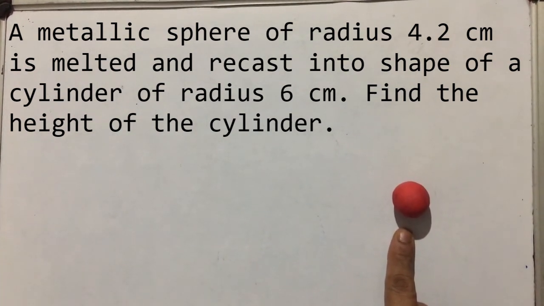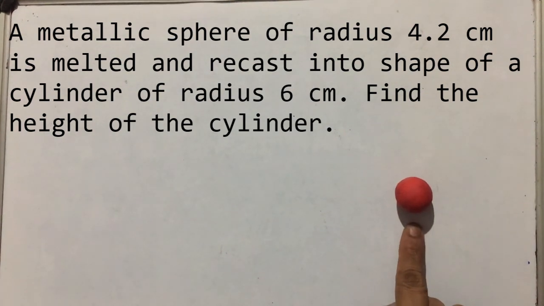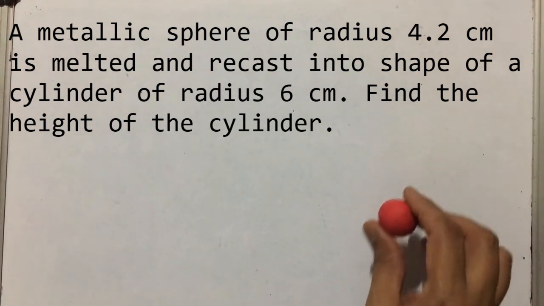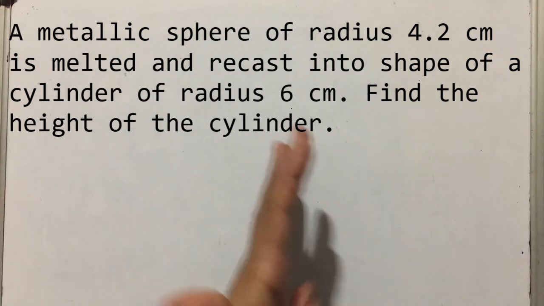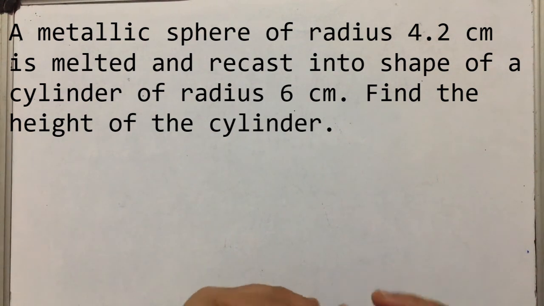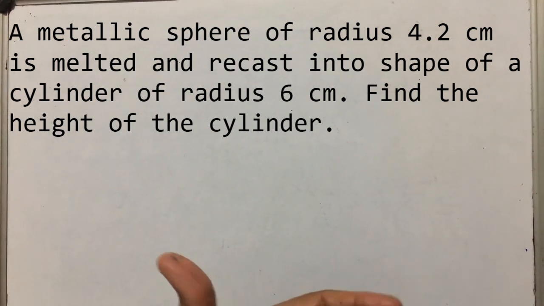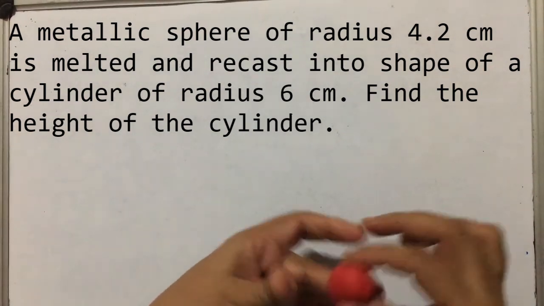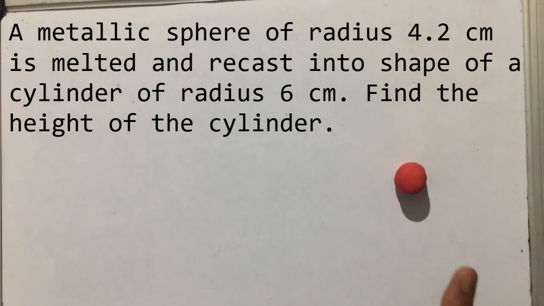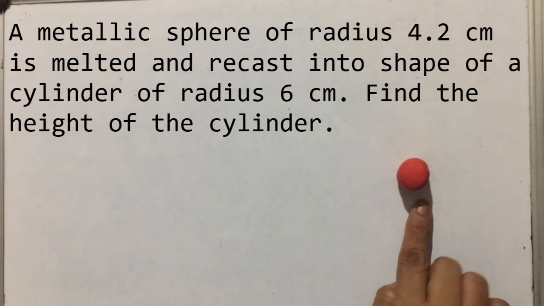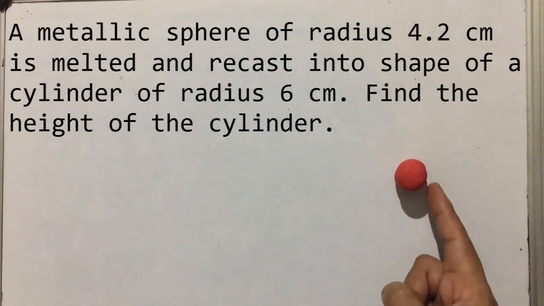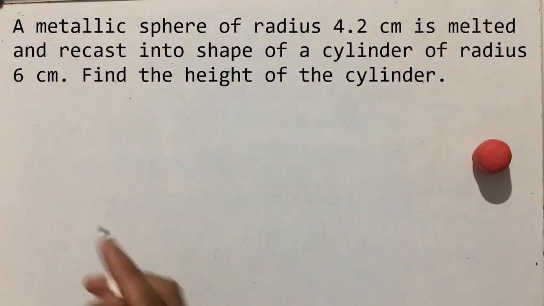Suppose it is of radius 4.2 centimeters, here I am going to convert it into a cylindrical shape. Then they gave that here the radius of this cylindrical shape is 6 centimeters. We have to find how much height of the cylinder we got.